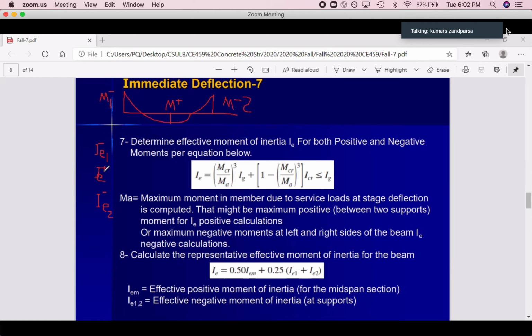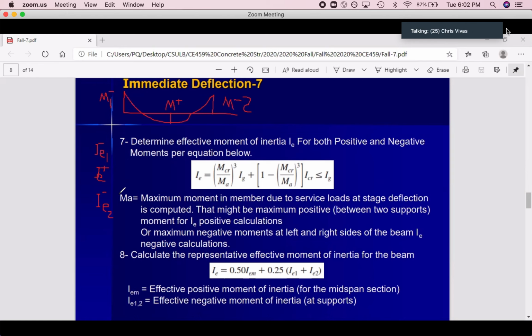Left, middle, right. The first one will give us the 3 IEs that we need. The second one, based on those 3, you can find just 1 IE, because for deflection, we need 1 IE, not 3 IEs. I can't use 3 IEs. How can I use that? Go to this equation and just find 1 IE out of 3 IEs. Did I give you the answer?